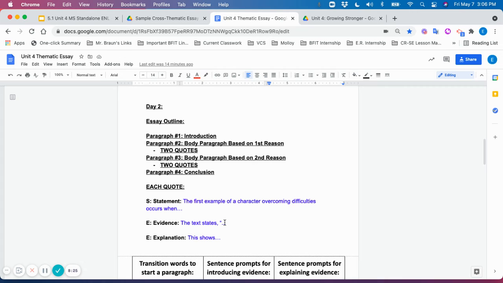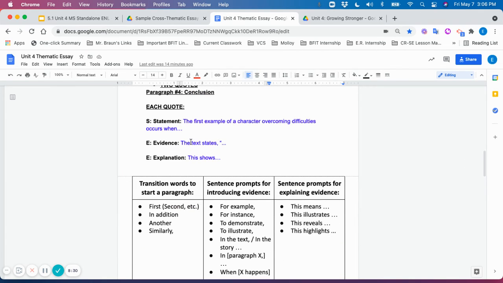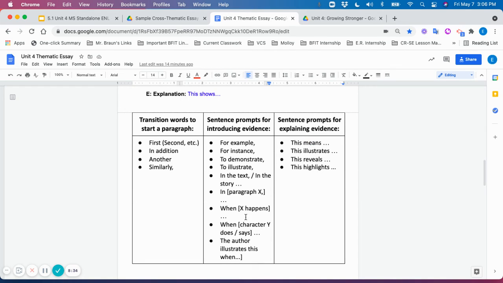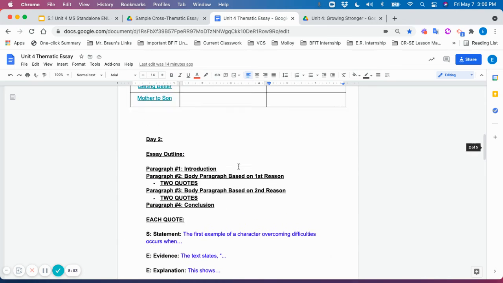The evidence is the quote itself, and it's common to use the sentence starter the text states, or there's a number of other sentence starters provided as well, sentence prompts. For example, for instance, in the text, in paragraph such and such, and other sentence prompts for students to use. Sentence prompts for explaining evidence. This shows, this means, this illustrates, this reveals, this highlights.